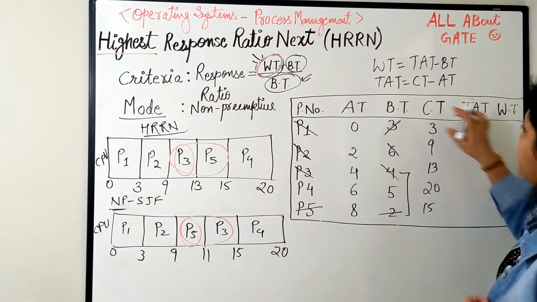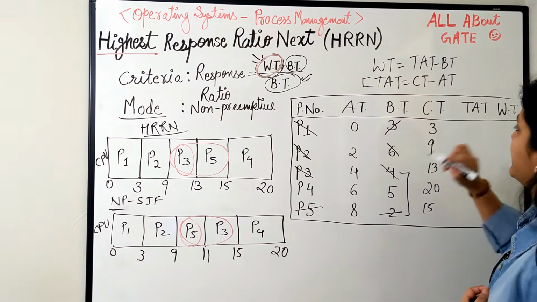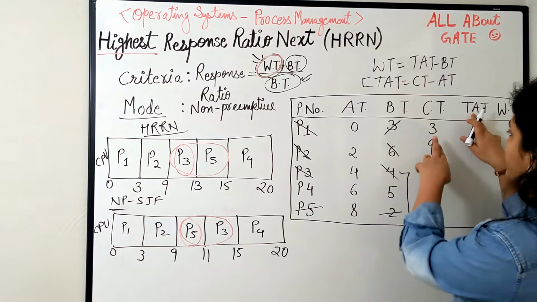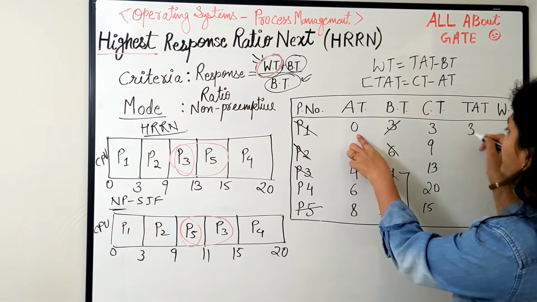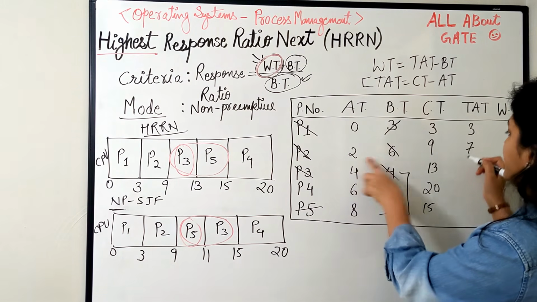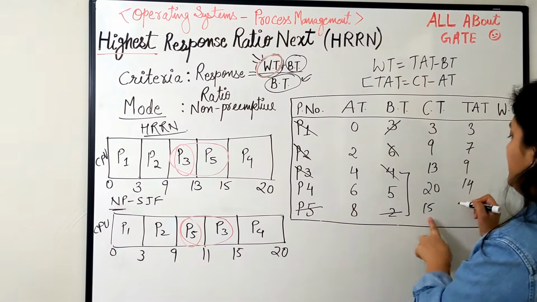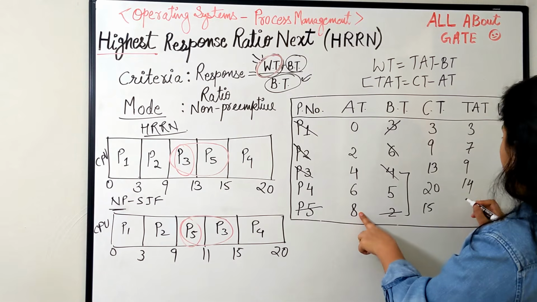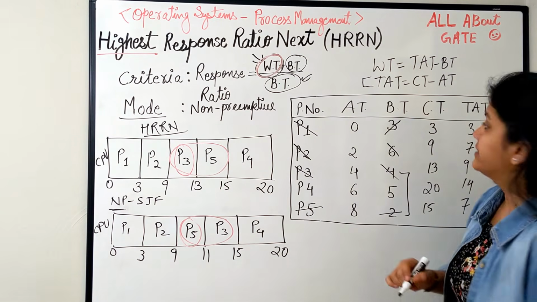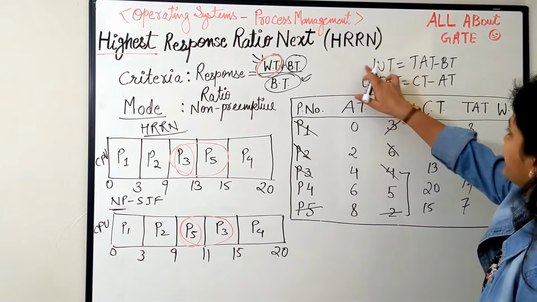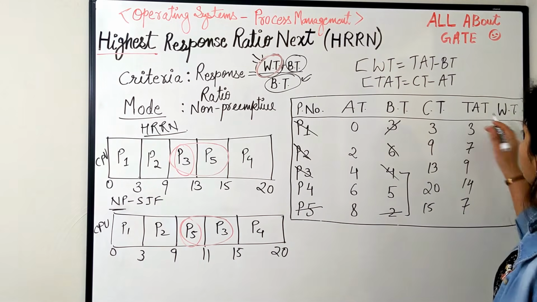Correct? Now with the help of completion minus arrival, let's take turnaround. So 3 minus 0, 3, 9 minus 2, 7, 13 minus 4, 9, 20 minus 6, 14, 15 minus 8 is 7.